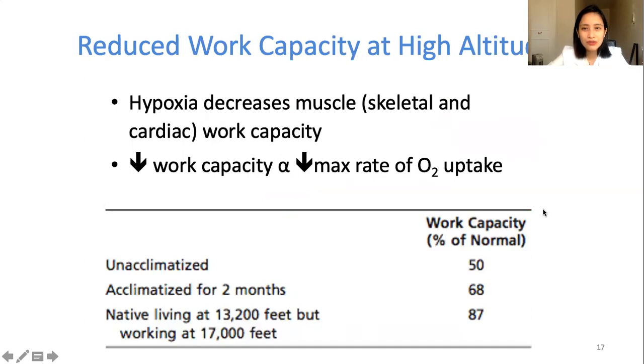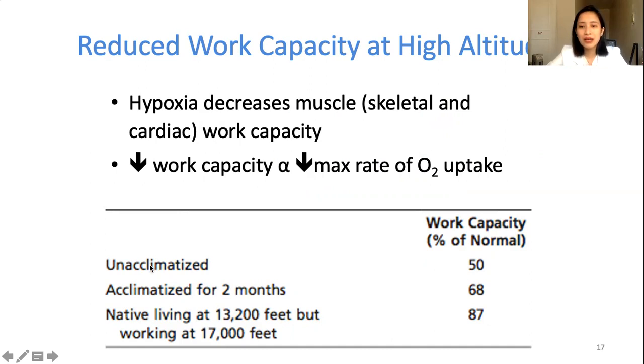There's also reduced work capacity at high altitudes because hypoxia decreases muscle work capacity, including skeletal and cardiac. And this decrease in work capacity is directly proportional to the decrease in the maximum rate of oxygen uptake.